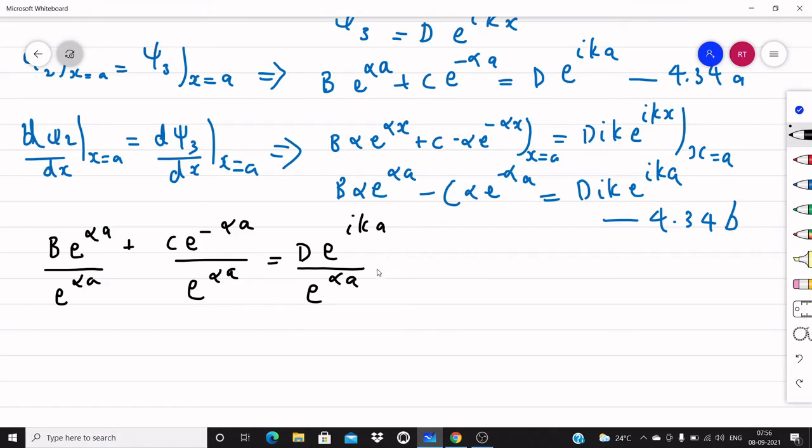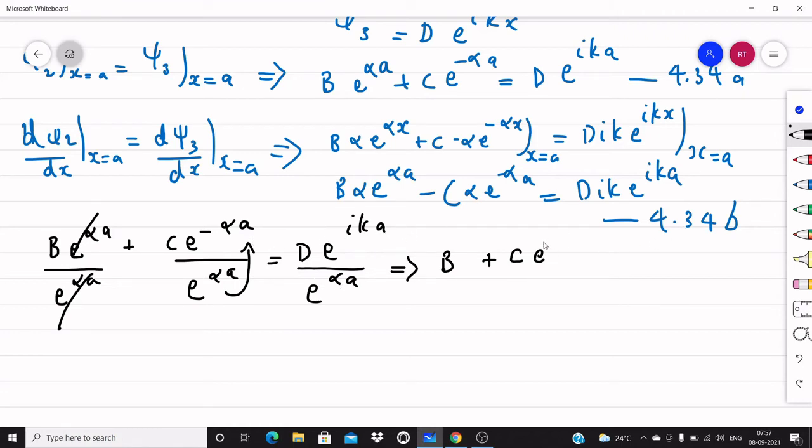So we have b plus c e raised to, this alpha a and this alpha a got cancelled. This one comes up, so we have minus 2 alpha a, and this one also comes up.